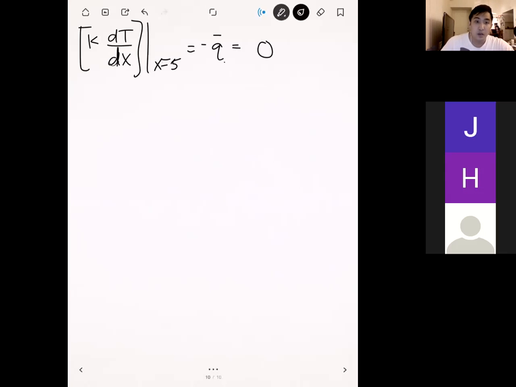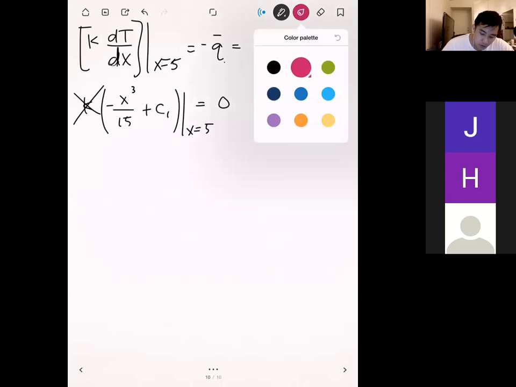All right, so let's plug this in. We have k times dT dx, and our dT dx in this case was minus x cubed over 15 plus C1, which is equal to 0. Let's divide both sides by k, get rid of that, and then plug in x is equal to 5 for our only value of x here.